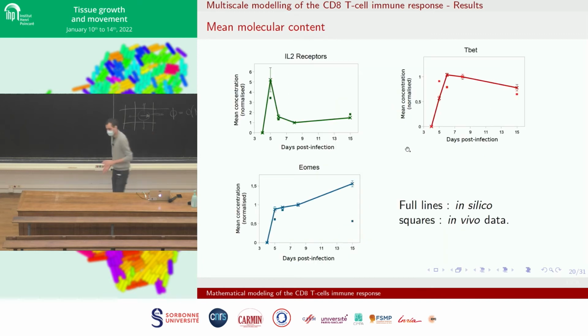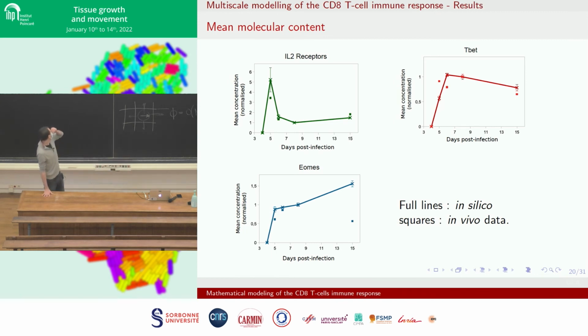We also had data at the molecular scale. So what we had is the mean expression value for 3 proteins. The activated IL-2 receptor, which is associated with cell activation. So those receptors are highly regulated at the beginning of the response and then controlled at a low level. The protein TB8, which is associated with the effector phenotype, and the last one associated with the memory phenotype.